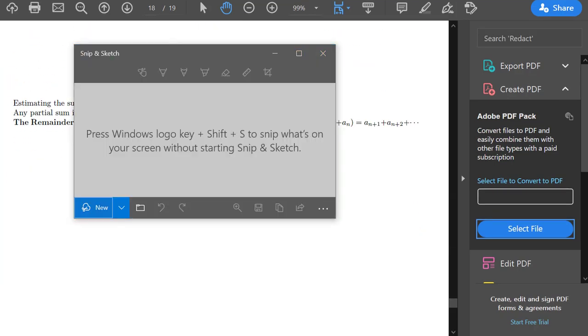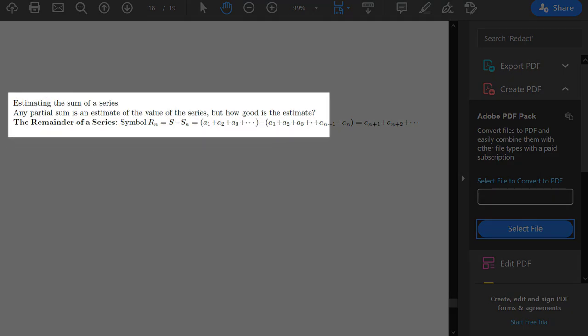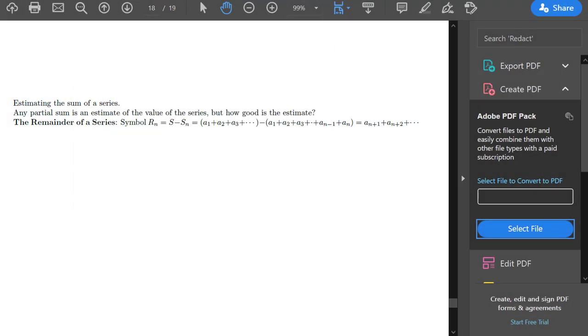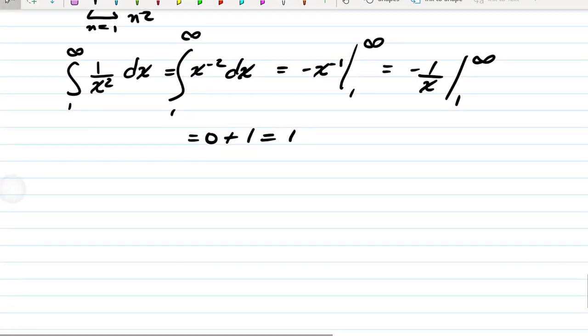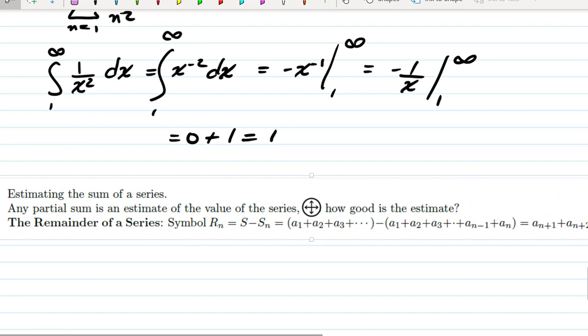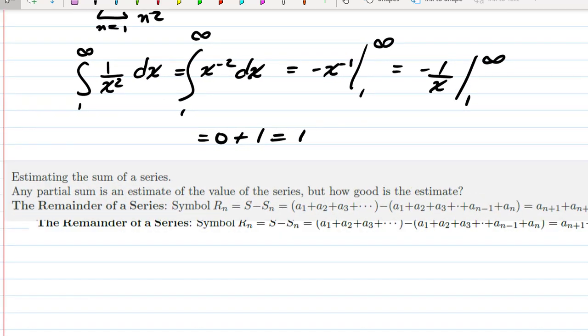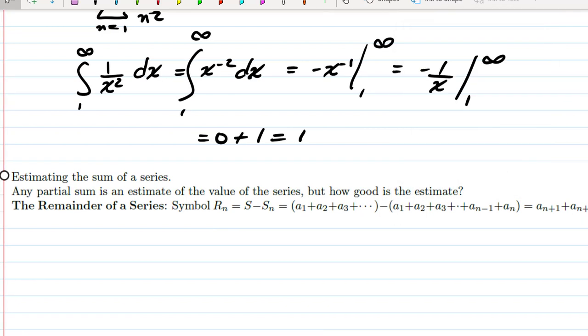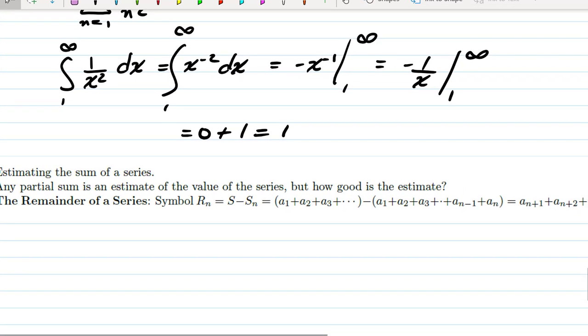So that leads us to the following: estimating or approximating the sum of a series. So, estimating the sum of a series, any partial sum is an estimate of the value of the series, but how good is the estimate?